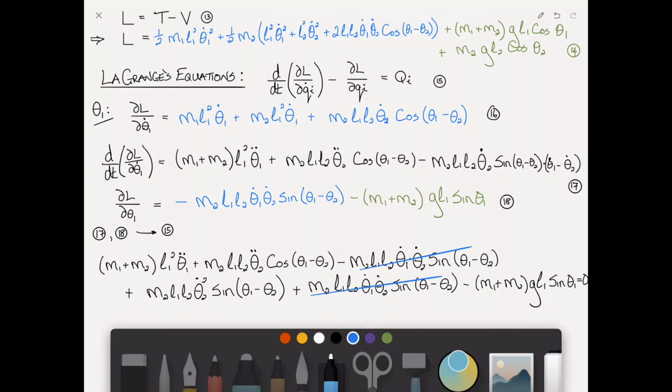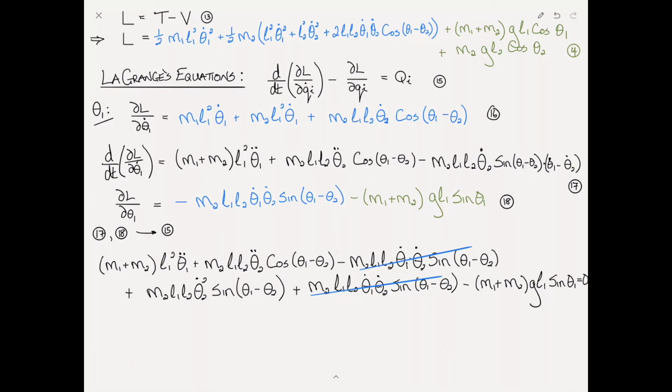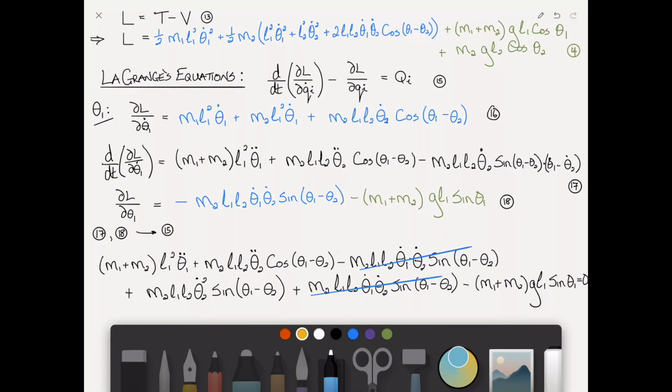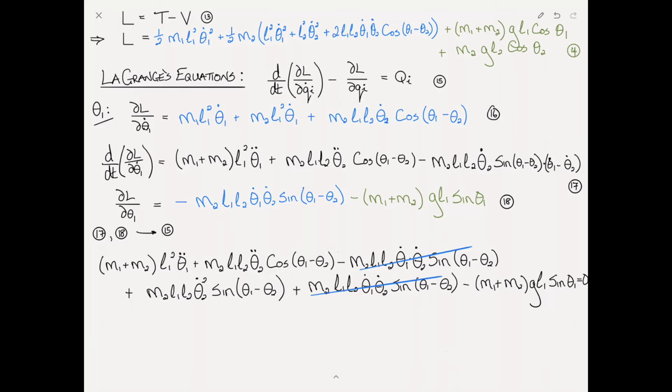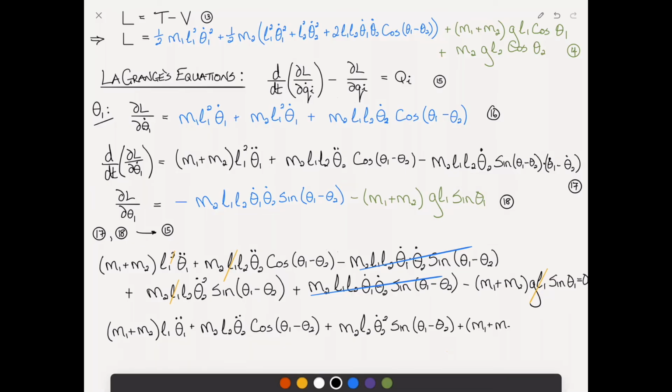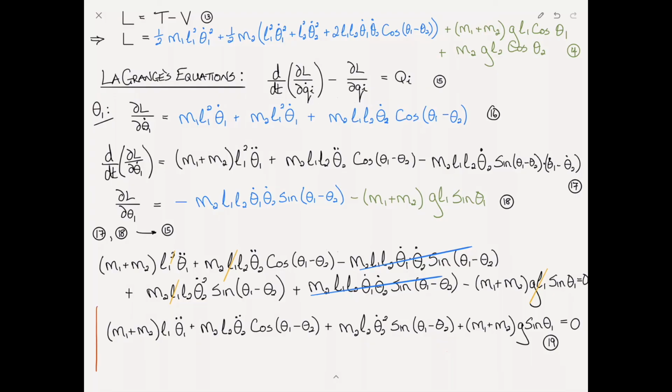Those cancel. All right. And then we can rewrite this. Let me write it one last time and then we're done. What survives is m1 plus m2 ... sine of theta 1 equals 0. That is equation 19, and that is your first equation of motion. Let's put a box around it.